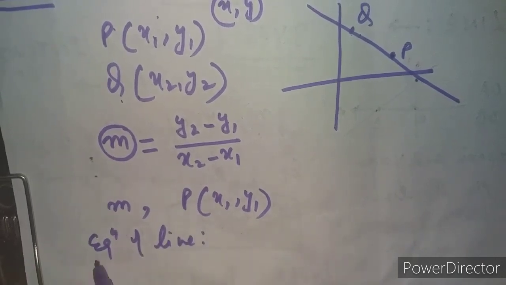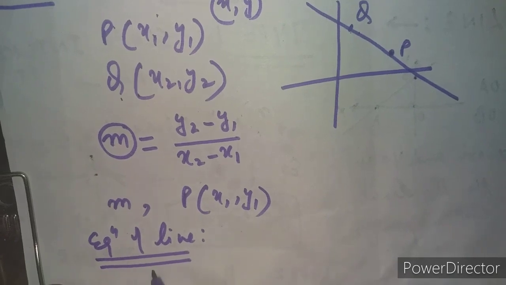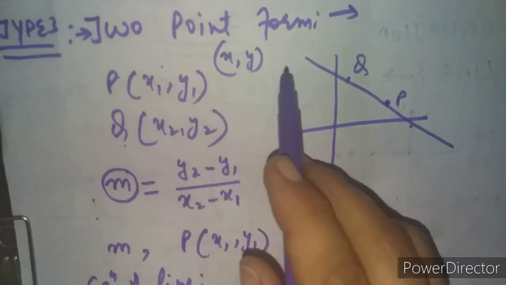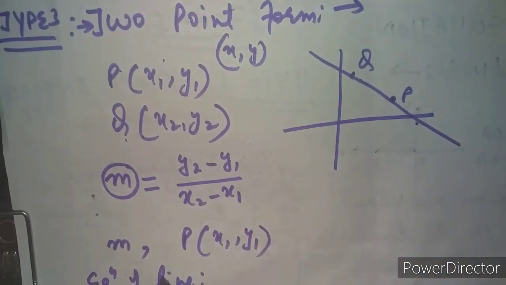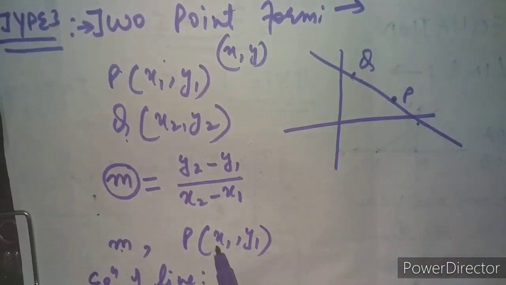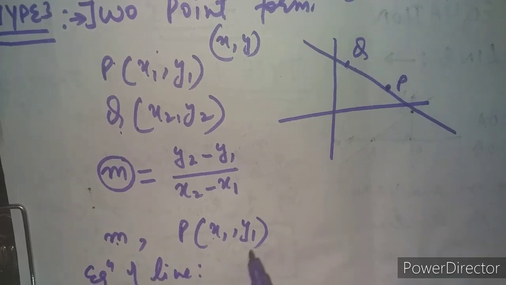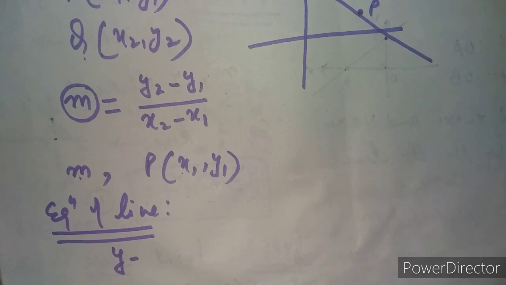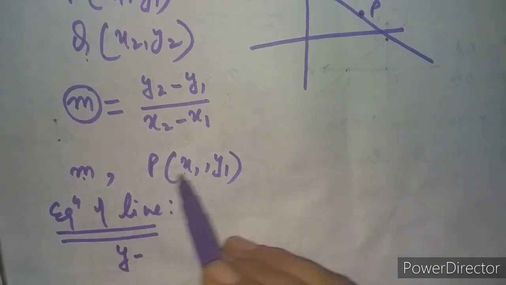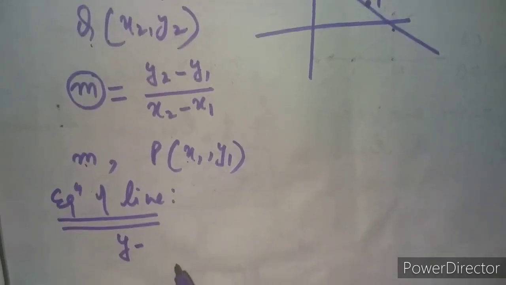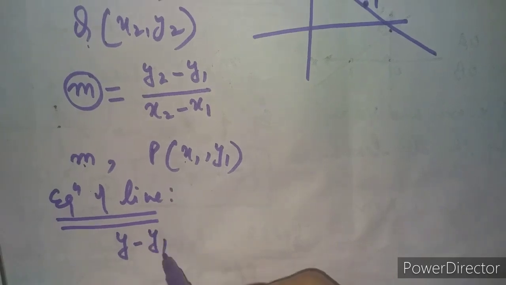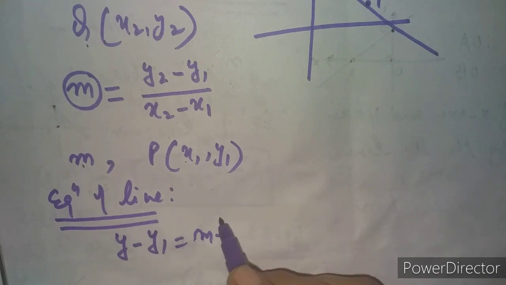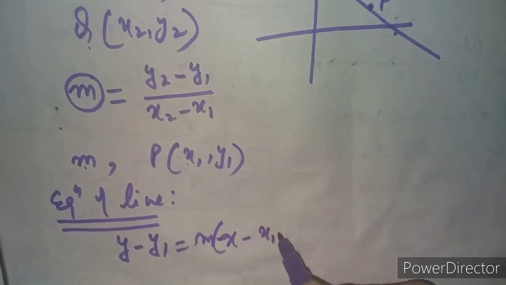In this case the equation of the line will be the same, because the 2-point form has now become the point slope form only, transformed into the second form. So the equation will remain the same: y minus y1 is equal to m into x minus x1.